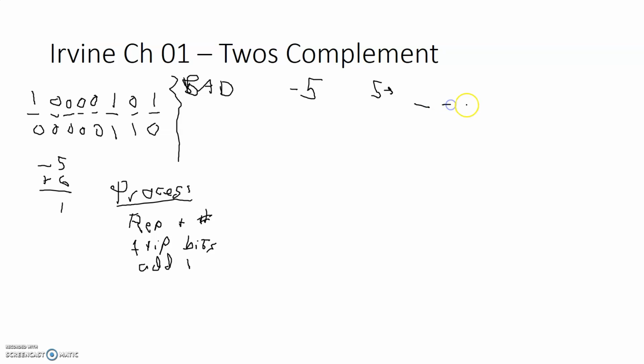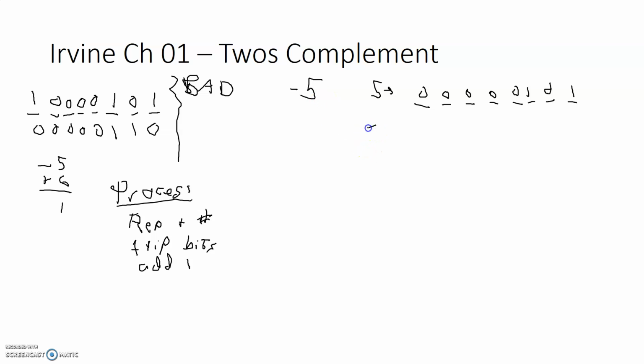That's very important, because if you only deal with where the 1 begins, you're going to throw things off. So 1, 2, 3, 4, 5, 6, 7, 8. A 5 in binary in 8 bits would be this. So this is representing the 5. Remember, what we're trying to do is represent -5.